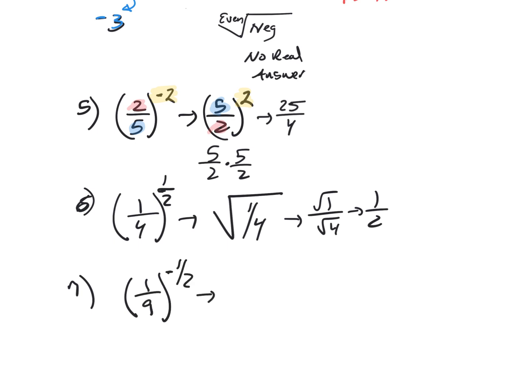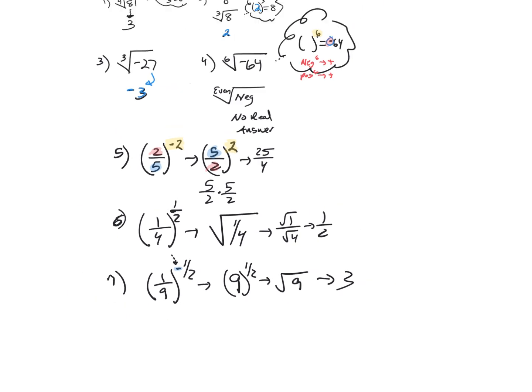To get rid of the negative exponent, we could reciprocate that and make that positive 9 to the positive 1/2, which then means the square root of 9, which is then 3. So really understanding how to go from exponential to radical, working with negative exponents, and knowing the rules of negative exponents. So I hope that helped you out.